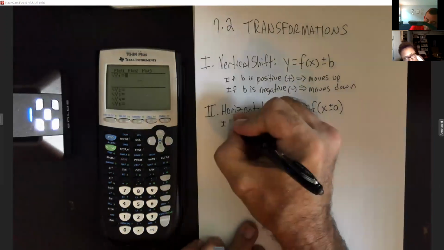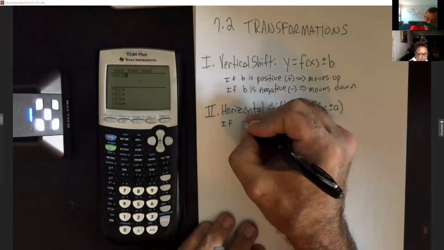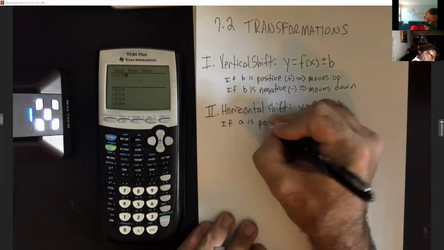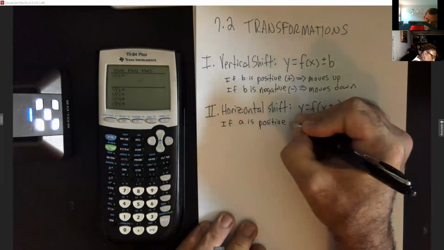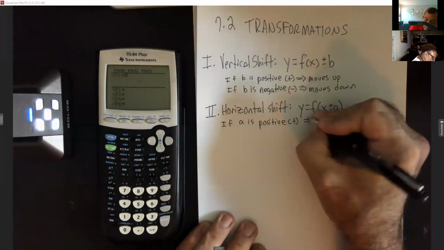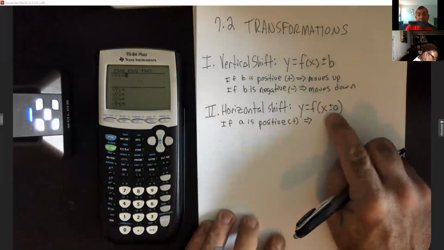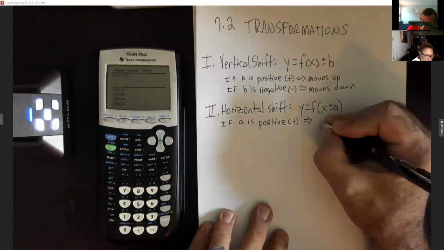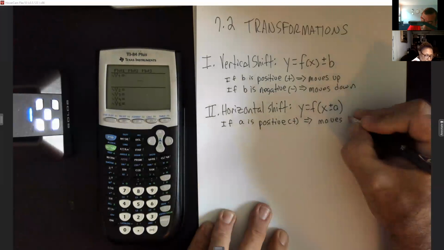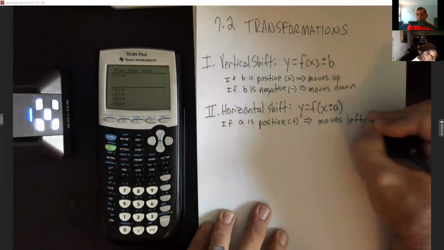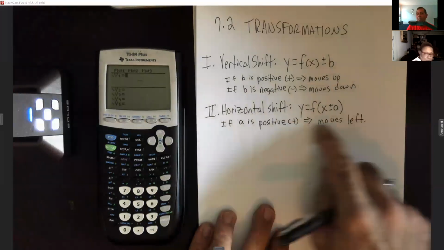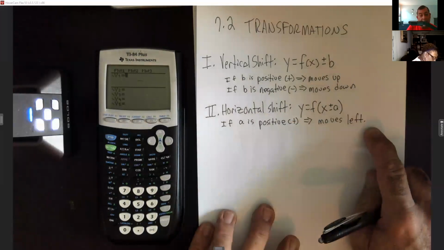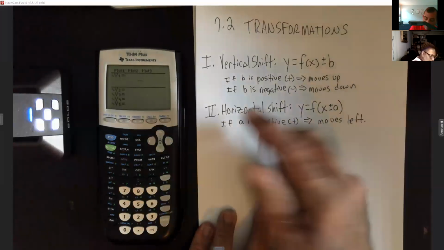But y'all check this out. If a is positive, so if you add to the x with a positive number, that graph is going to move to the left. You would think positive would move it right, but when I show you all these graphs, it actually moves it left.